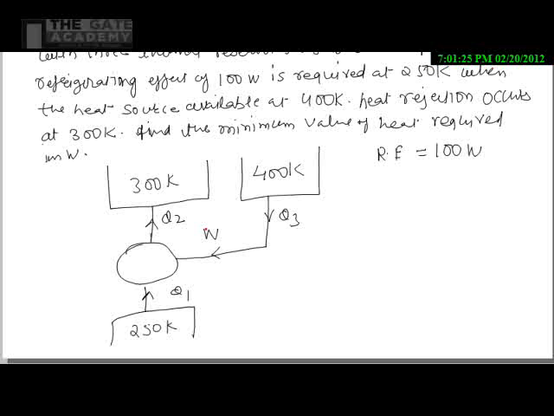So if I consider the refrigerator between the 300 and 250 Kelvin reservoirs, I can write the COP. COP for this refrigerator is T2 by T1 minus T2.